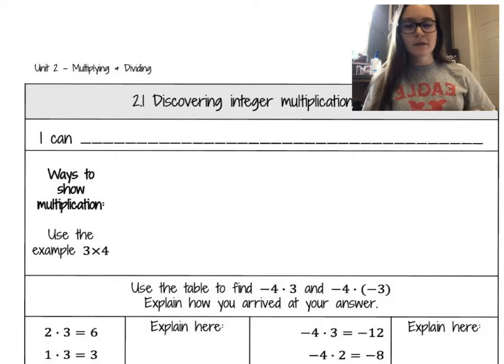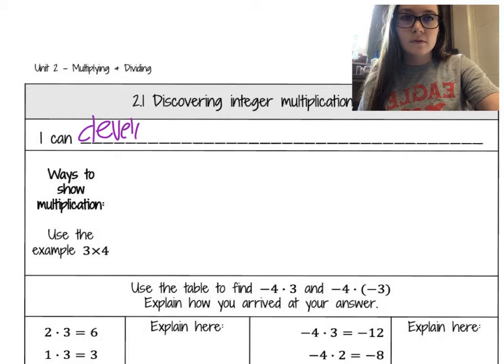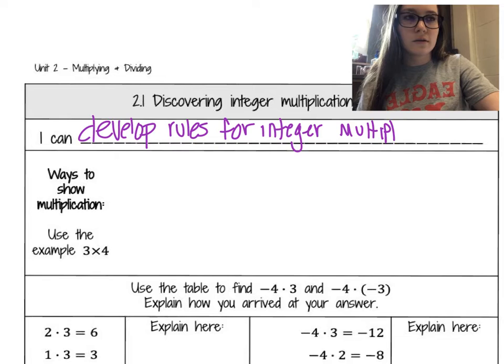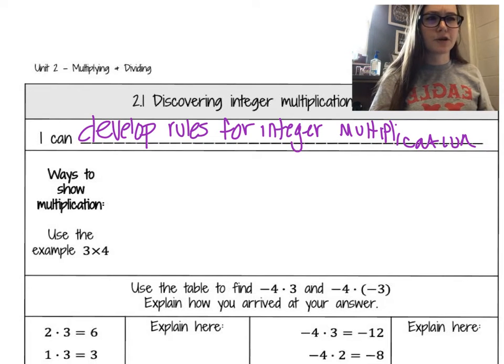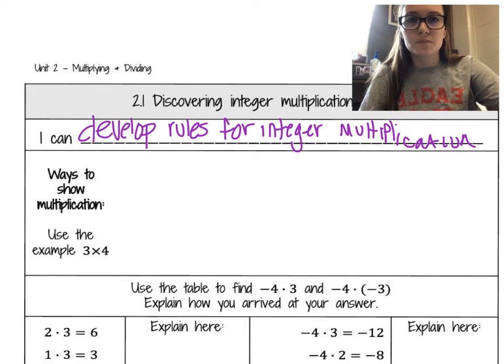So by the end of the notes, we should be able to develop rules for integer multiplication. I'll write that prettier in a minute. Okay, so develop rules for integer multiplication.